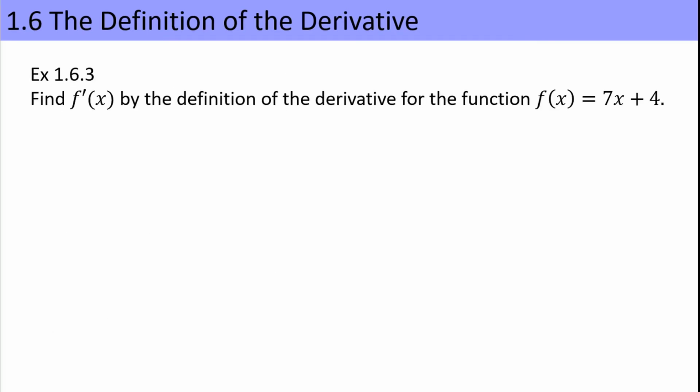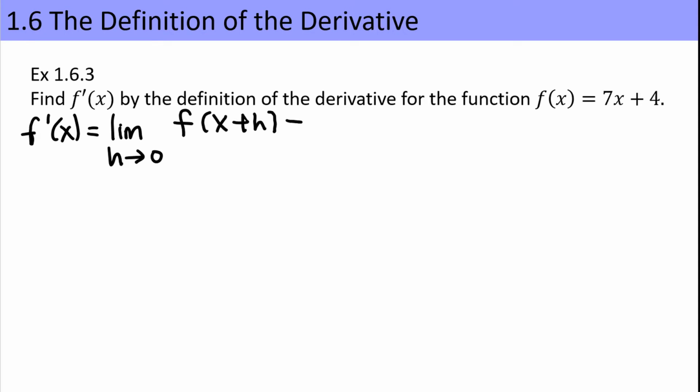Next example, find f prime of x by the definition of the derivative for the function f of x equals 7x plus 4. Let's begin by writing the definition of the derivative. That is, f prime of x is equal to the limit as h approaches 0 of f of x plus h minus f of x divided by h.